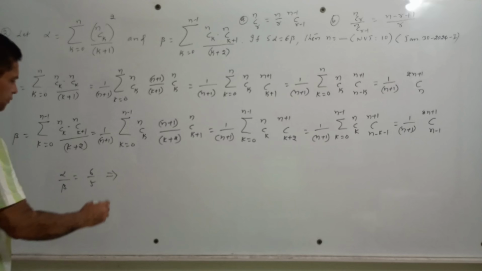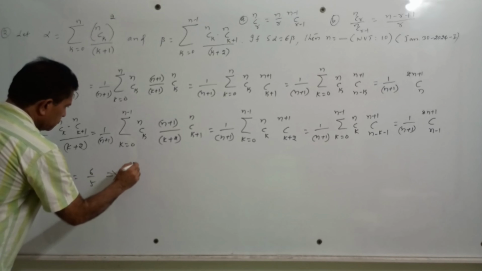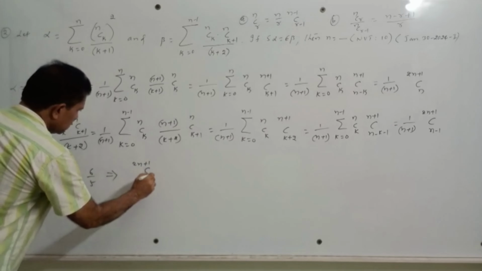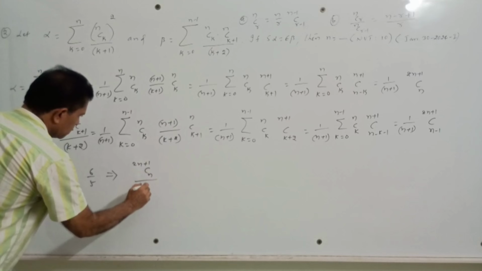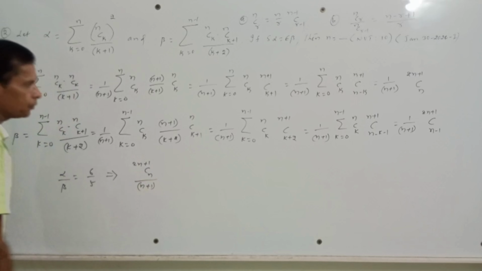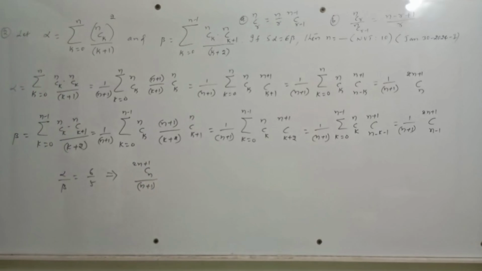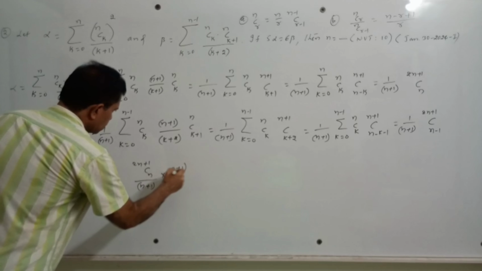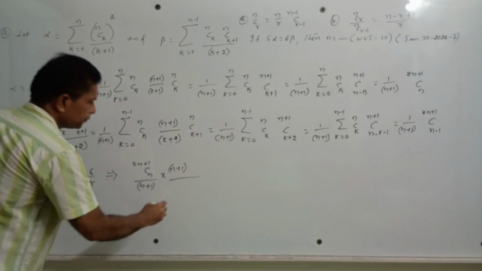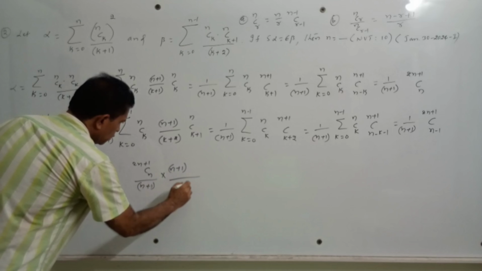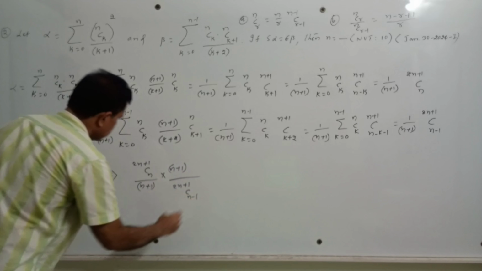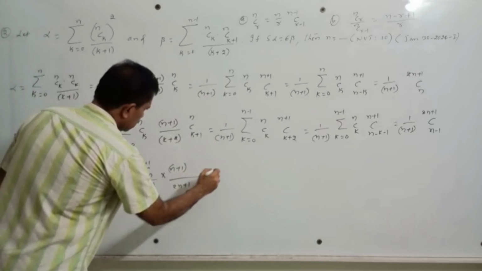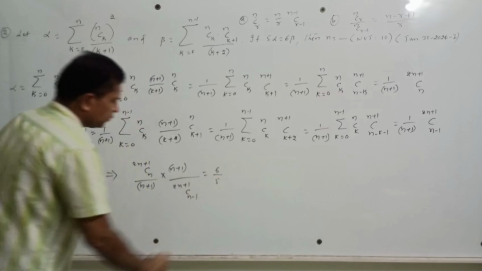For alpha I am writing (2n plus 1)Cn by n plus 1, by beta. Because of the double fraction, n plus 1 comes to the numerator, and the denominator is (2n plus 1)C(n minus 1), that is given as 6 by 5.